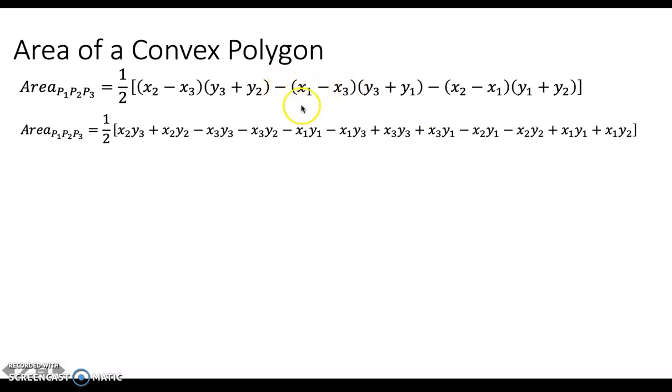And negative times negative, positive times positive is positive, so that becomes x sub 3 y sub 3.